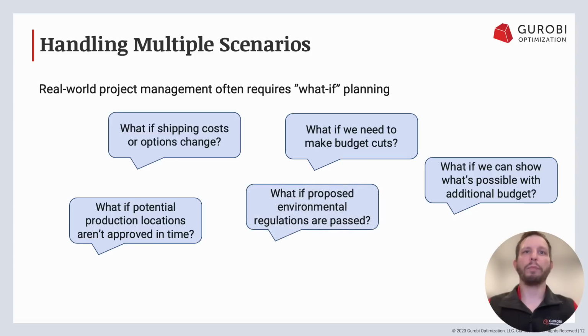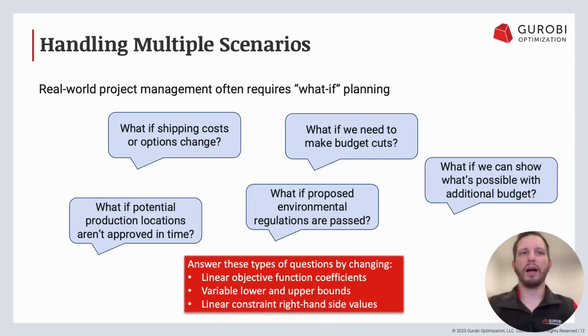And also, what if proposed environmental regulations are passed? That's going to change how we need to do business, and we need to be prepared for that. So all of these things you should be prepared for, and leadership on project teams will want these answers.